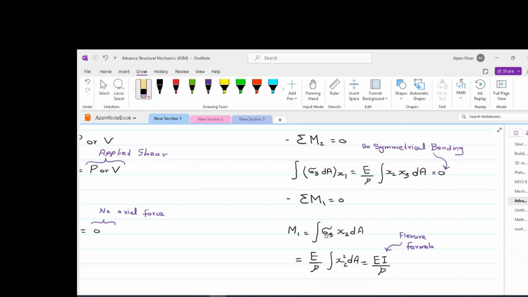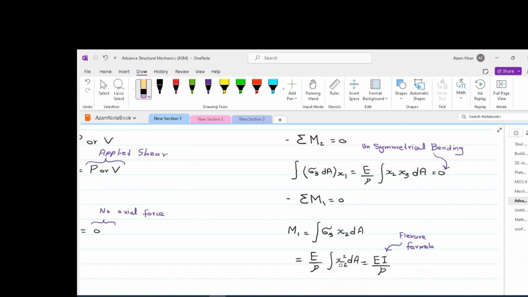Plugging in the values of sigma 3 will give us x2 square dA inside the integral bracket, and E by rho kicked out of the integral bracket. x2 square dA is actually the moment of inertia. So this is the area multiplied by the square of the lever arm, or the second moment of area. This is also called moment of inertia.